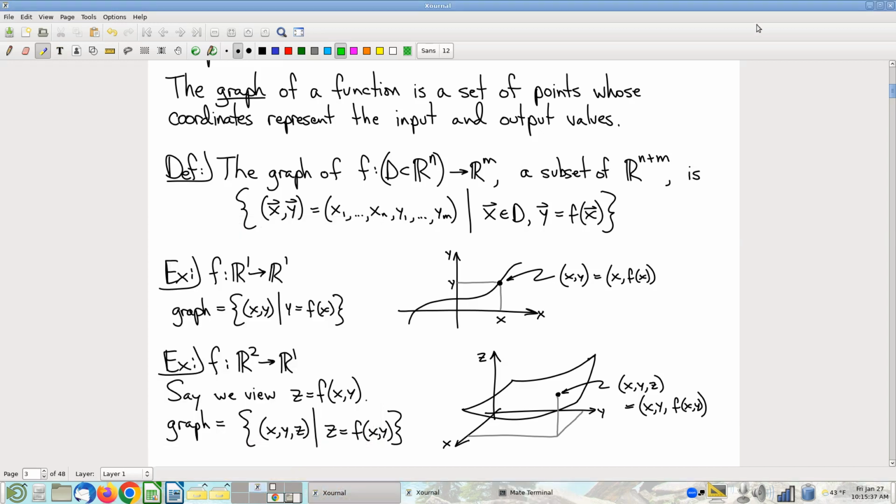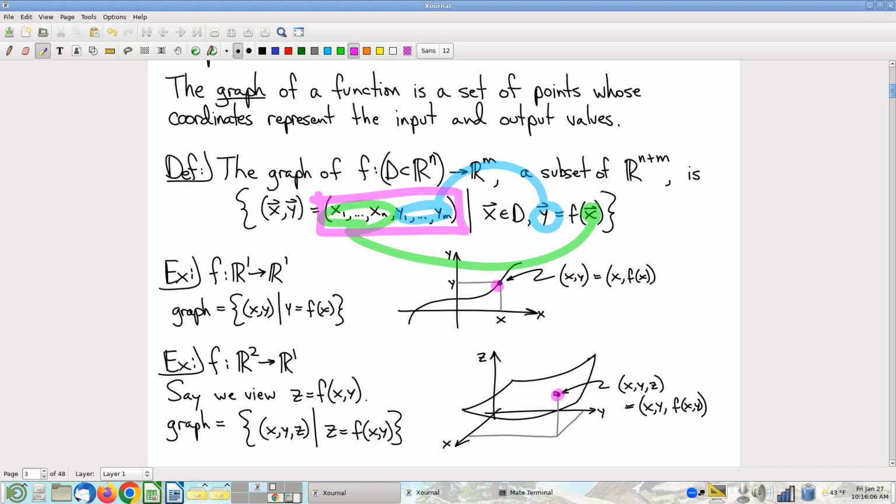Okay, so last time we were talking about graphs as a way to draw pictures to help us get a geometric intuition for what functions are doing. And we talked about the construction last time. The big idea is that you take inputs and the corresponding outputs, and then you list those as coordinates of the same points.